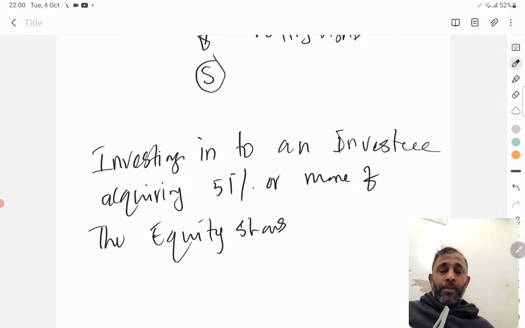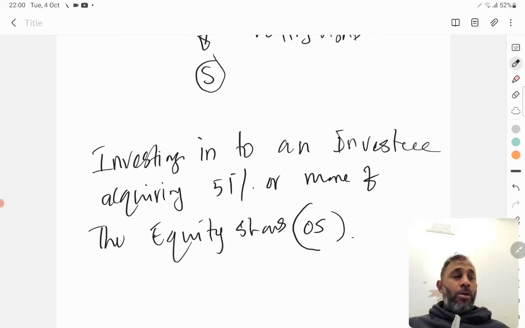Mostly people prefer ordinary shares. There are other arguments also to justify and establish the control, not necessarily based on acquiring 51% of the shares.